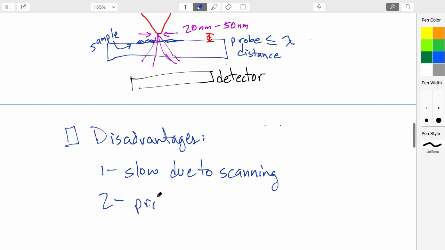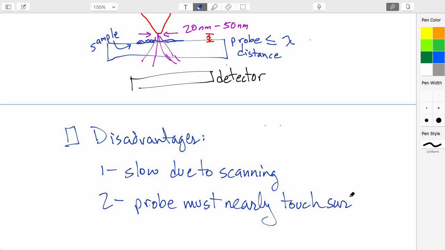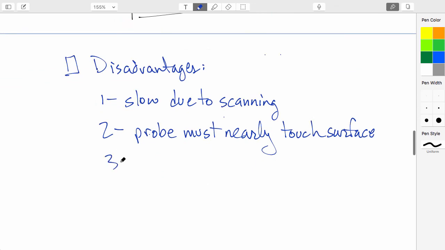Secondly, the probe must nearly touch the surface. And as you can imagine, that's very hard to control, especially for a sample that has a varying surface. And so there's lots of techniques on how to do that.